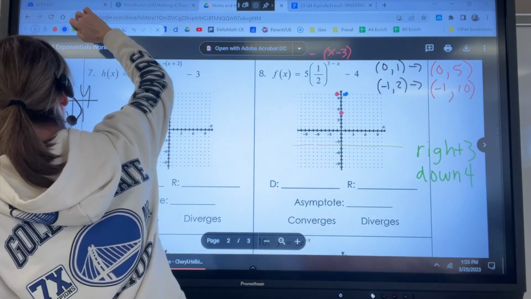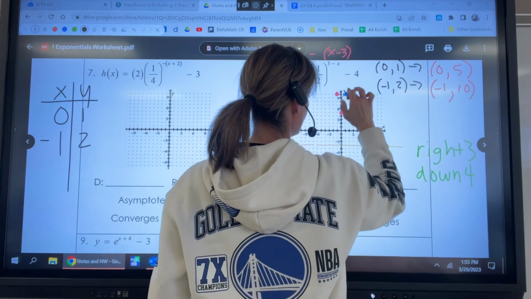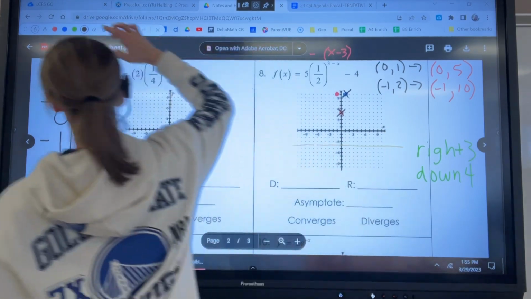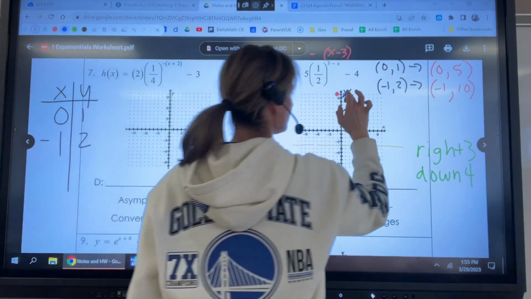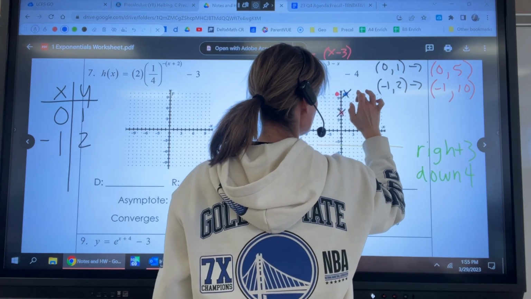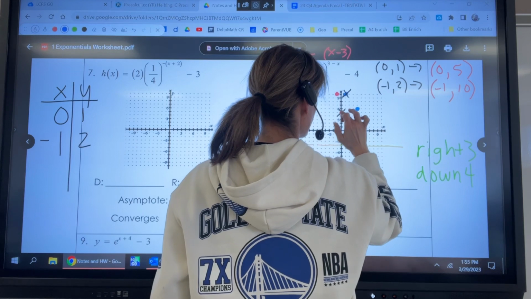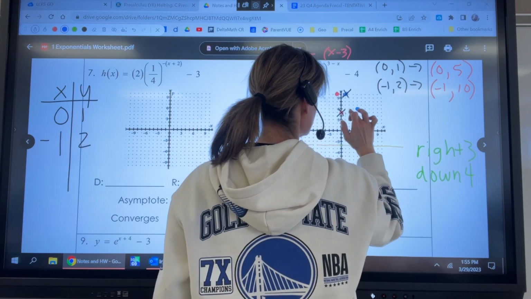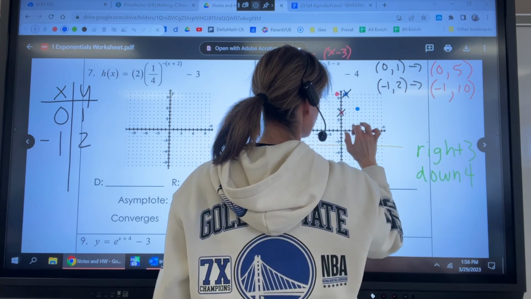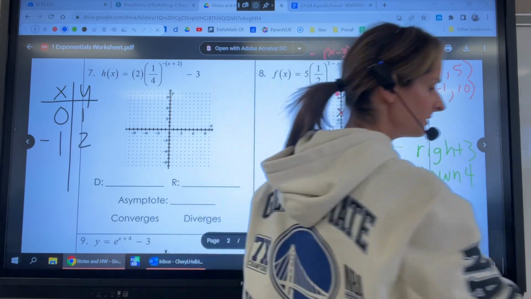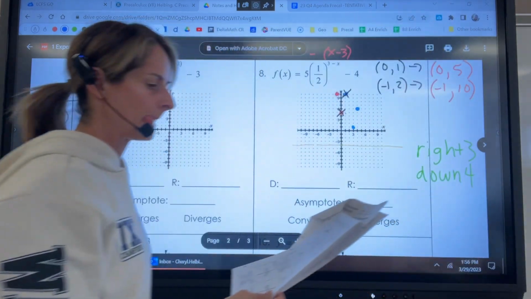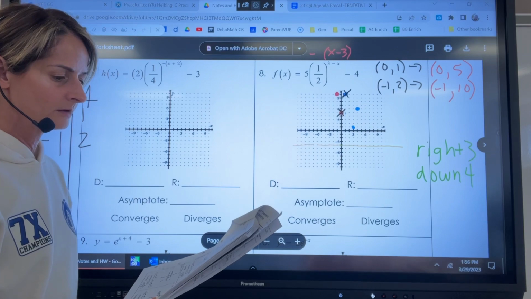I have to X them out, just so I know those are not my actual points. Right 3, 1, 2, 3, down 1, 2, 3, 4. All right, let me check my graph. Looks good.